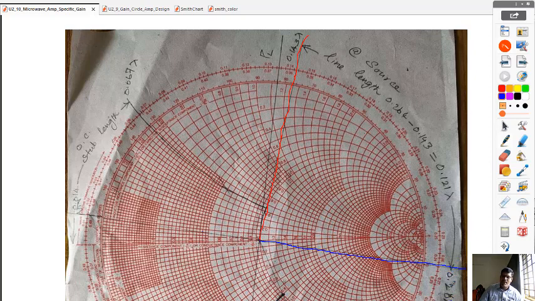0.264 lambda. Now you take the difference between these two to compute the distance: 0.264 minus 0.143, which gives us 0.121 lambda. So this 0.121 lambda is the length of the series transmission line.